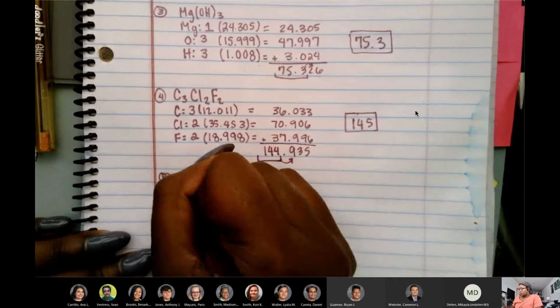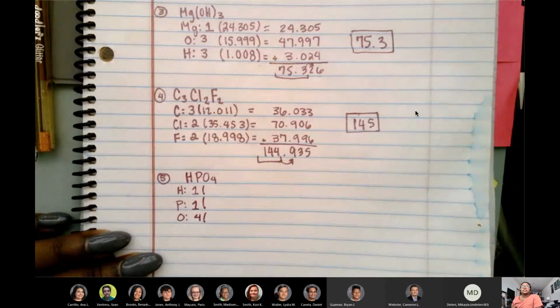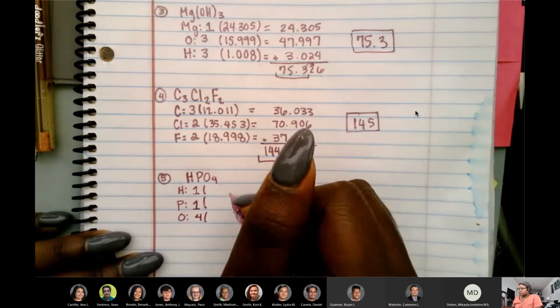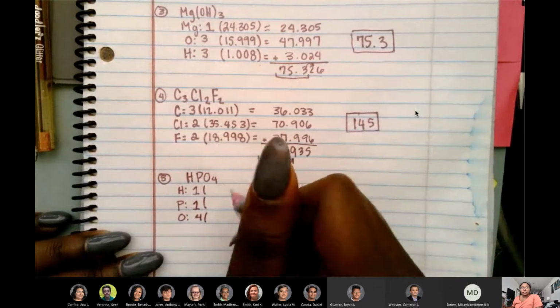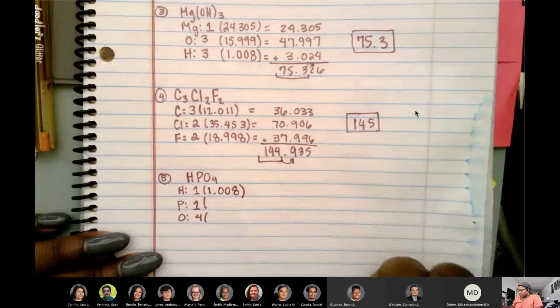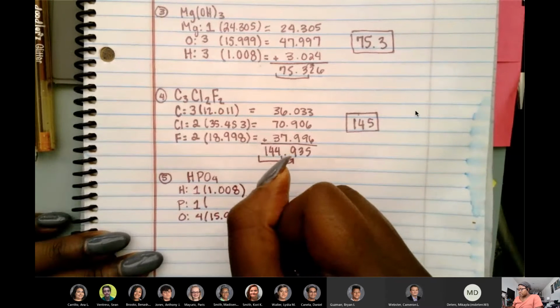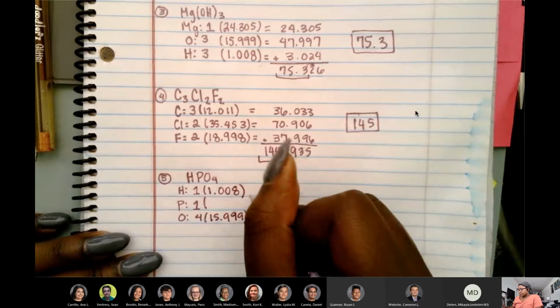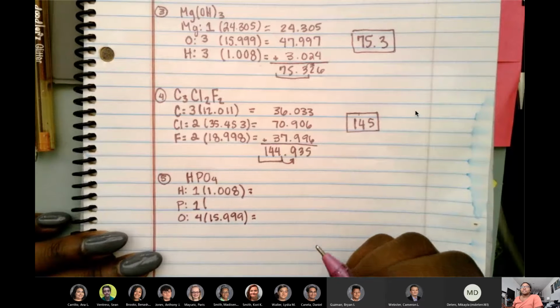Good. The mass of hydrogen. Cameron, go ahead and find the mass of phosphorus. Phosphorus. 1.008. Oxygen, we know, is 15.999. What is phosphorus?